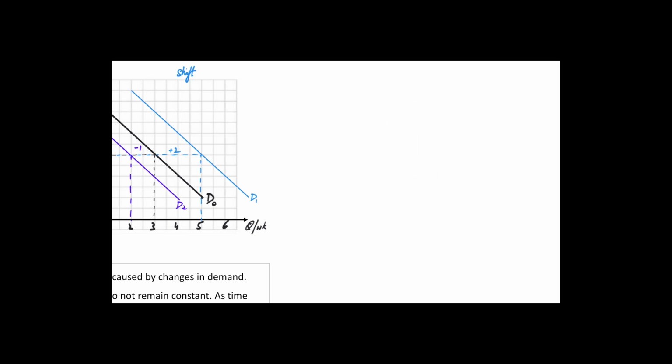So for exam purpose, you don't have to work with numbers, numerics, okay? Because that's just going to waste time. You're going to do price, quantity, a simple downward sloping demand curve, call it D0. That's my original.